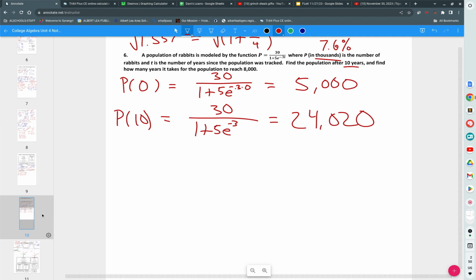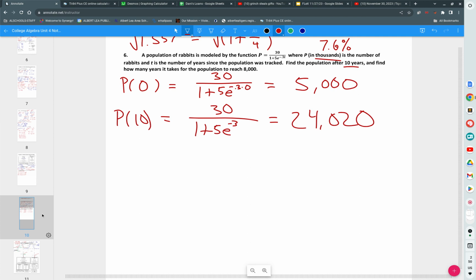What changes in the next one is how many years does it take for the population to reach 8,000? So now we know the population. We're trying to solve for the time. How do we set this up? 30 over, what is our population? 8,000.